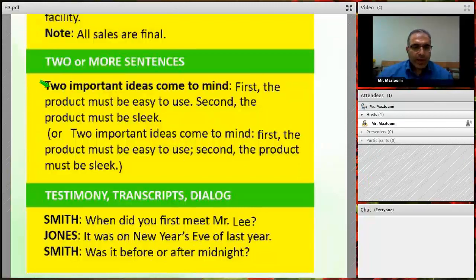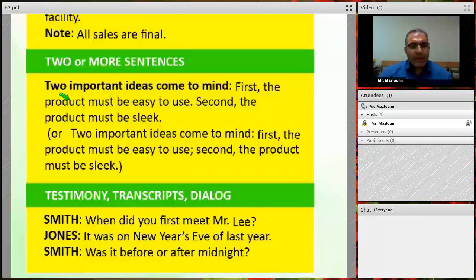So check this out. Two important ideas come to mind. What are these two important ideas? Colon, First, capital F, comma, the product must be easy to use. The product means the item, something that has been made. So it must be easy to use, user-friendly. Second, comma, the product must be sleek. Sleek means smooth, shiny.